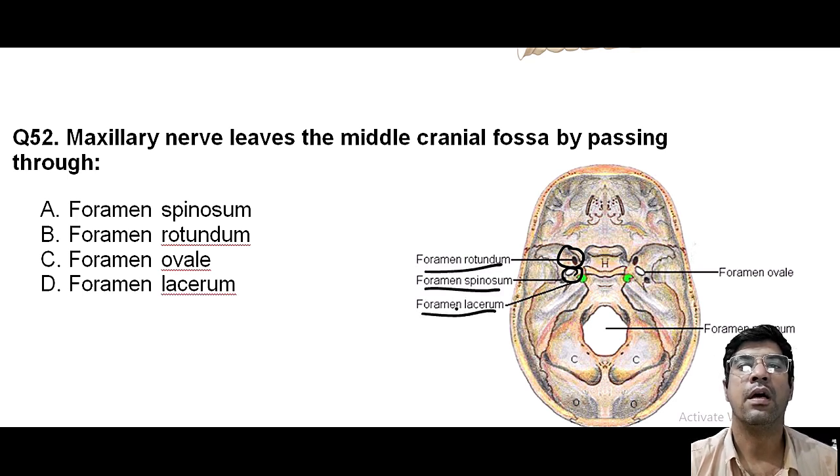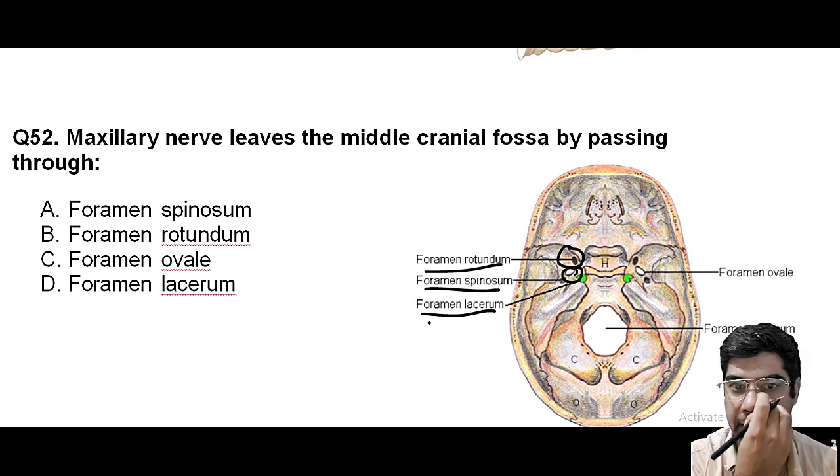So remember the location of the foramen lacerum. It is located at the base of the skull, and the maxillary nerve leaves the middle cranial fossa through the foramen rotundum.